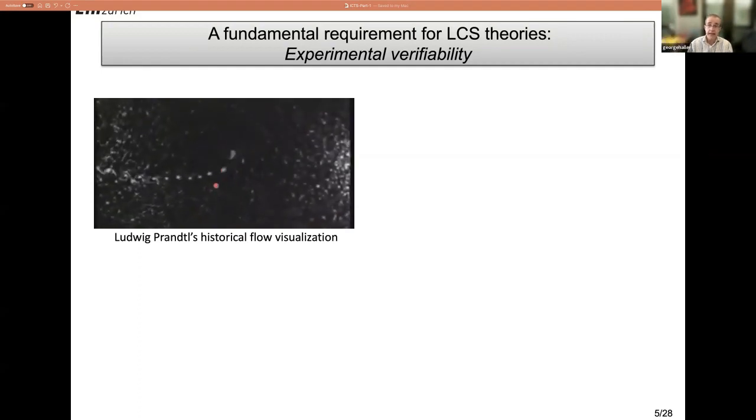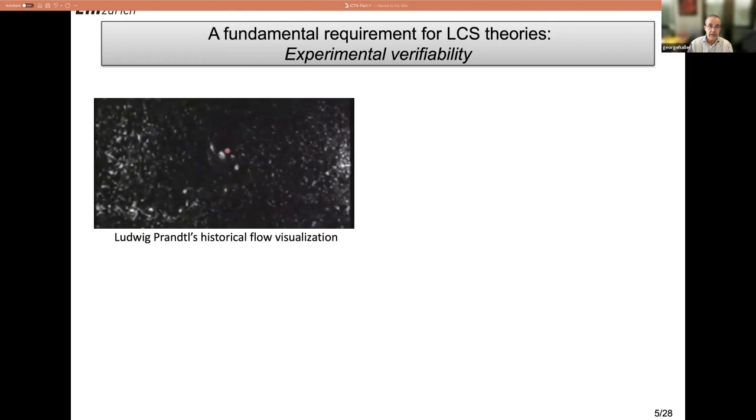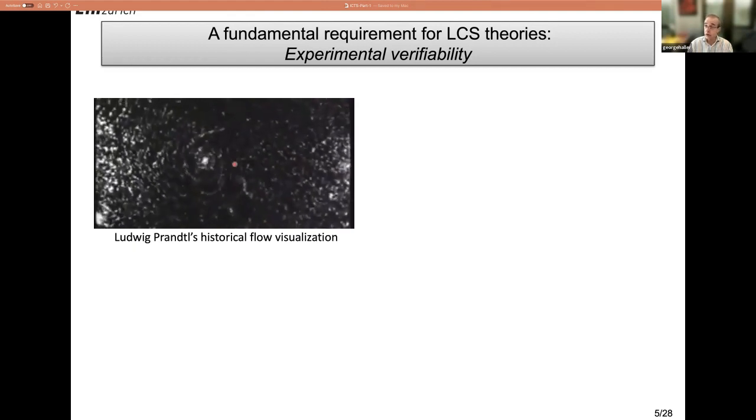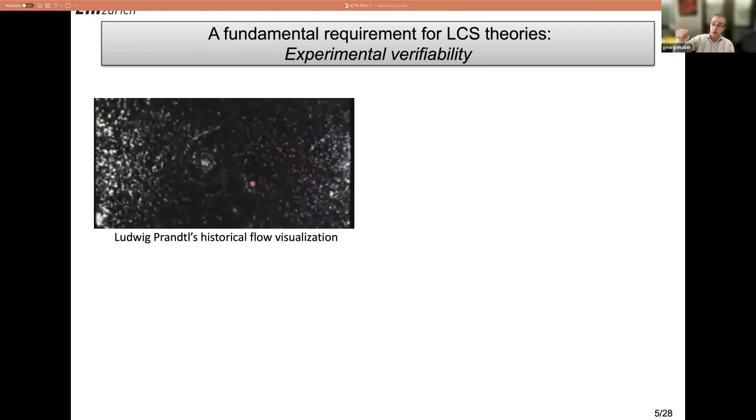Now the camera is staying still, it's not moving. So it's the same vortex built by the exact same material structures, but the shape of the trajectories that delineate these structures is different because you're looking at it from a different frame. Clearly, Prandtl already realized that even though the two frames are different, and the trajectories of individual tracers are different, the material objects that they delineate had better be the same. Otherwise, we will never come to a conclusion.